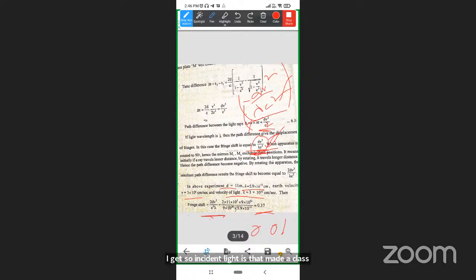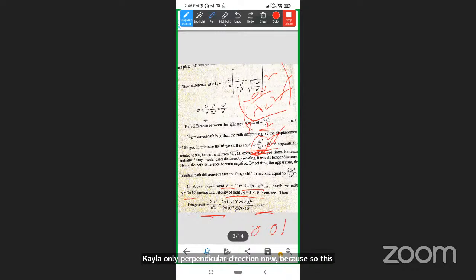When the light is incident, it splits into two light beams: one is the reflected light, and the other is the transmitted light. The transmitted light is parallel to the mirror, and the reflected light is in the perpendicular direction.